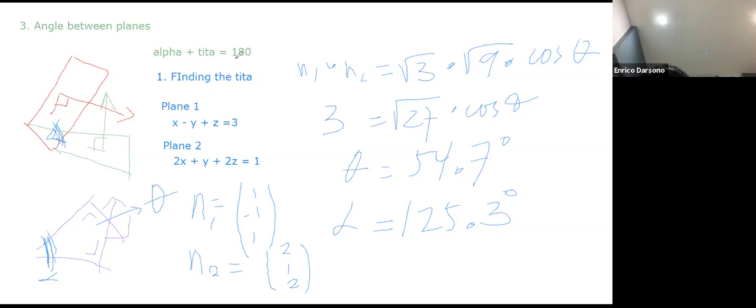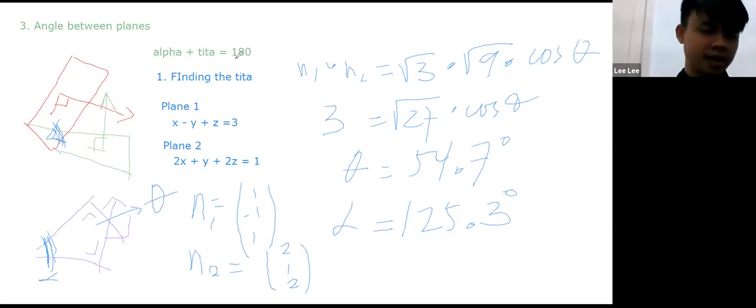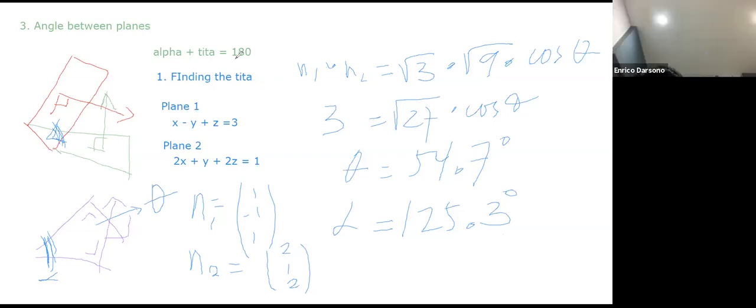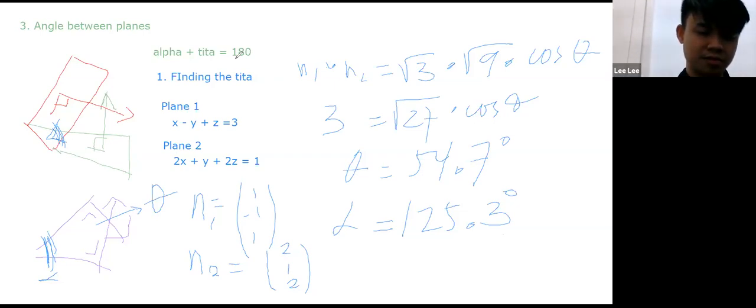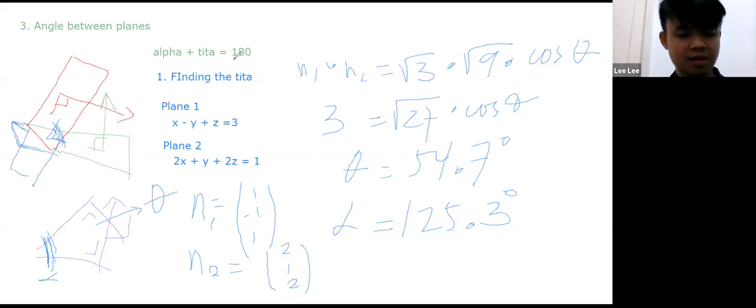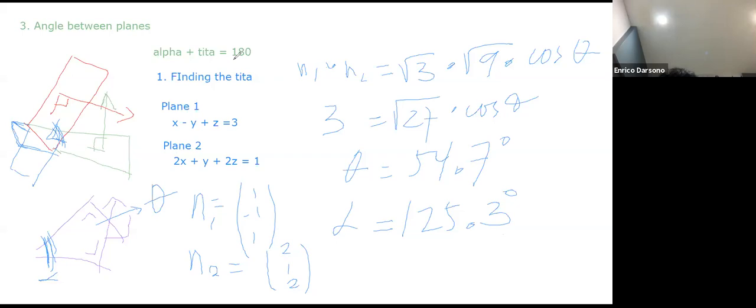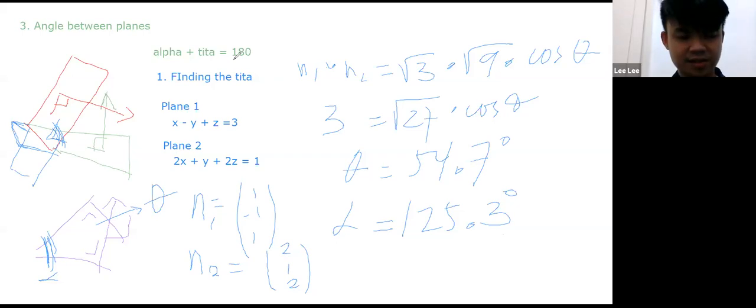No questions. But then the answer is not always obtuse. What do I mean? Pay attention to the sketch here. Let's say if I extend the plane, is it a must to be that alpha?